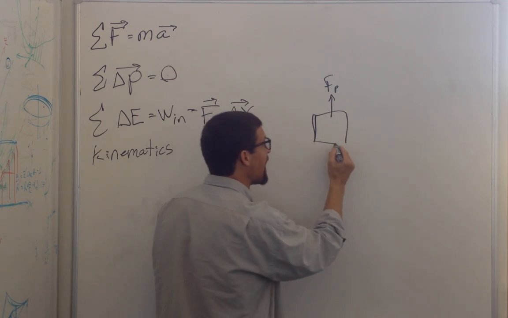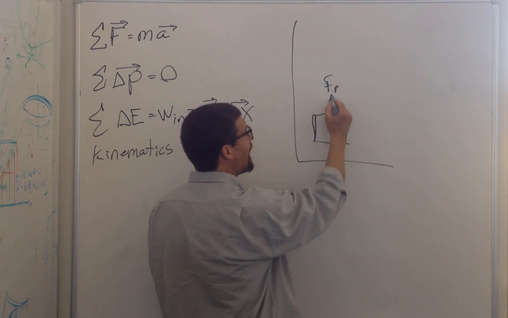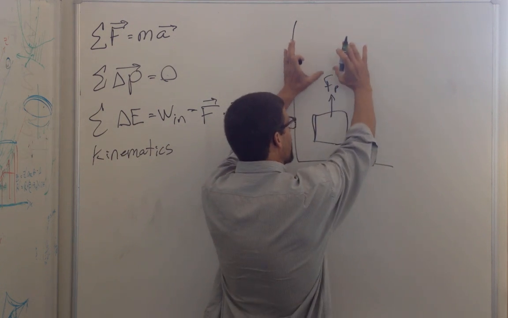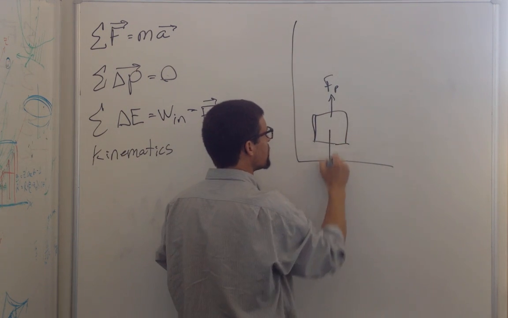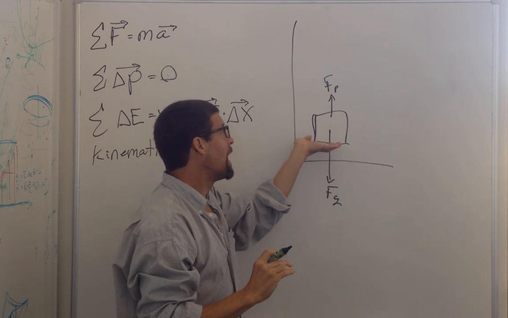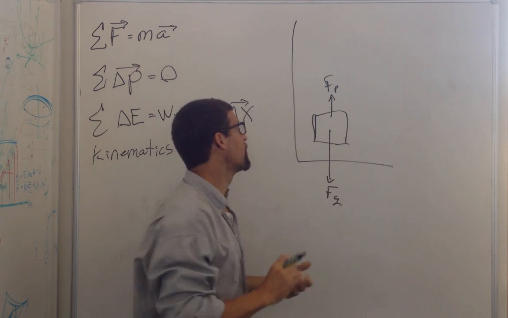However, if this were not sliding, but rather this was at a cliffside, and I pulled it hard enough so that it moved upward, and let's say this force was equal to the force of gravity, so it wasn't speeding up. I'm just compensating for gravity as I push on it upwards.